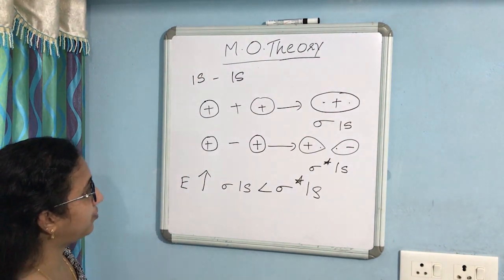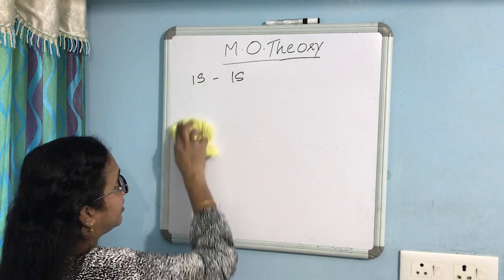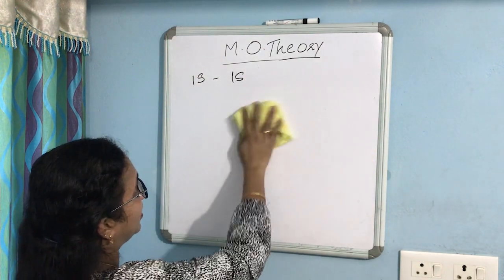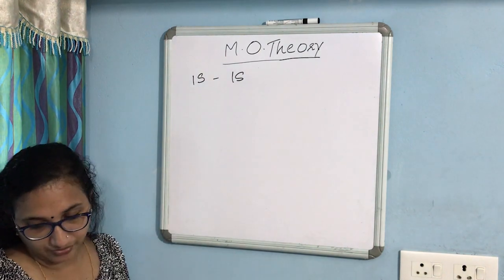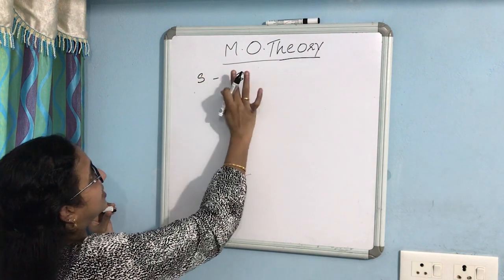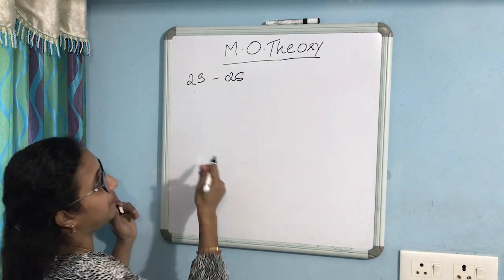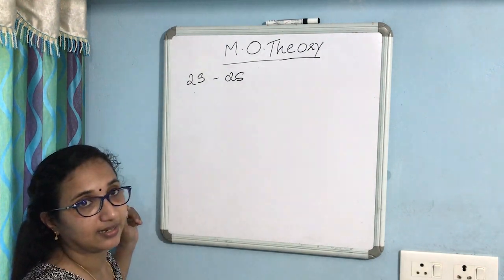So after 1s, we know it is the 2s atomic orbital. They also have the same symmetry as 1s, only the energy is different. So the 2s and 2s combine in the same way to give orbitals of the same shape but with slightly higher energy.